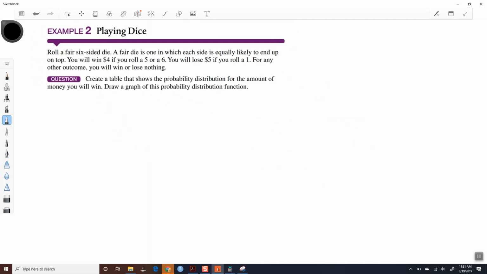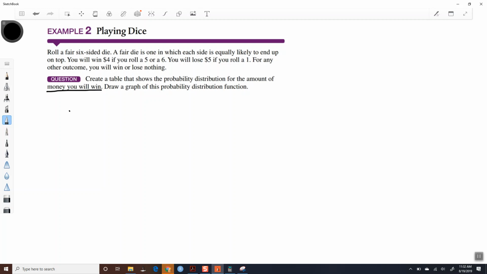A fair die is one in which each side is equally likely to come up. You win $4 if you roll a 5 or a 6, and you will lose $5 if you roll a 1. And for any other outcome, you will win or lose nothing. So the question says create a table that shows the probability distribution for the amount of money you will win.